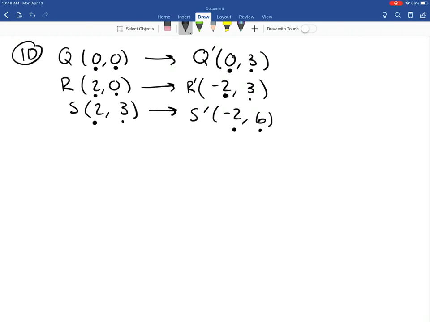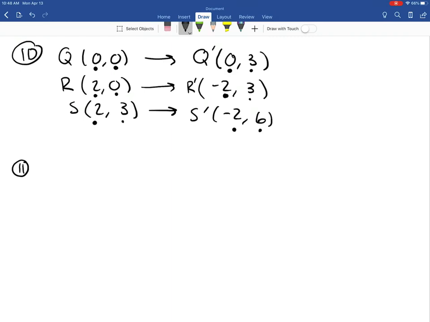Number 11. The triangles shown are similar. Which series of transformation maps ABC onto DEF? Okay, well, if I look, ABC is much smaller than DEF.